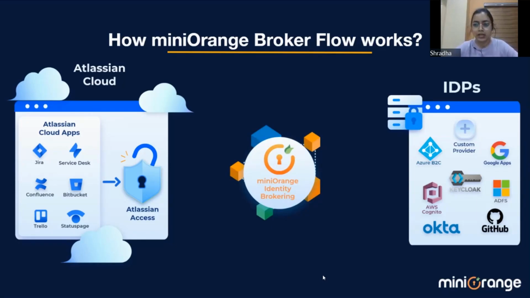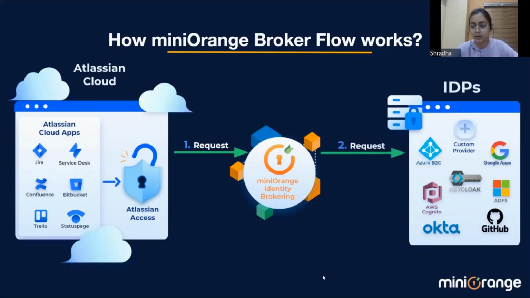When a user tries to log in or when a user tries to access Atlassian Cloud, it sends a request to miniOrange instead of sending it to your identity provider. miniOrange then creates and passes on a request of its own to the identity provider.